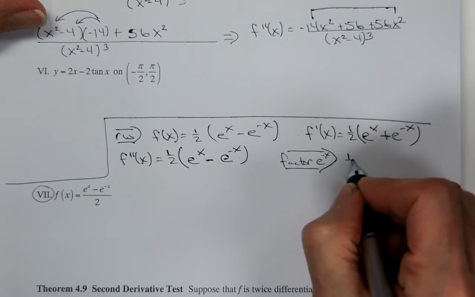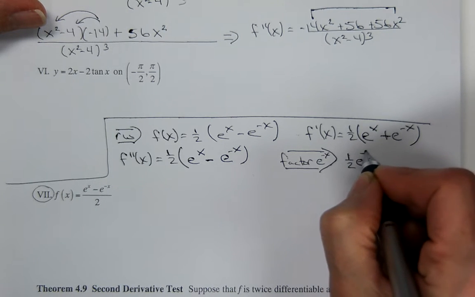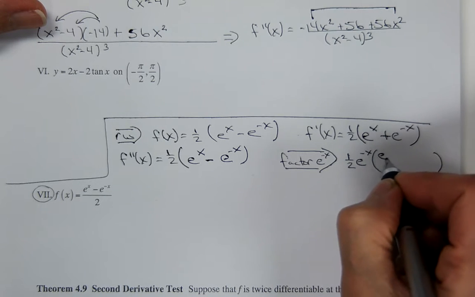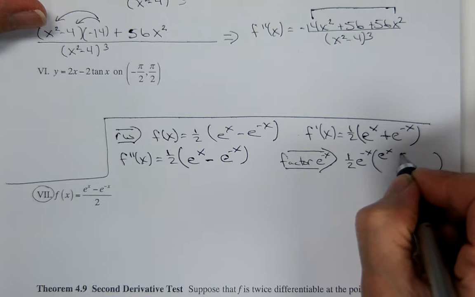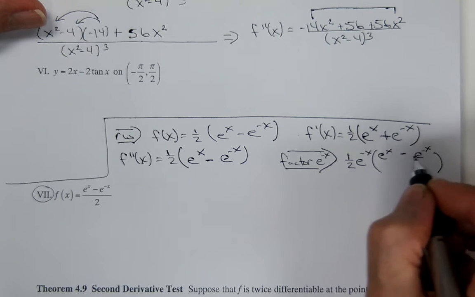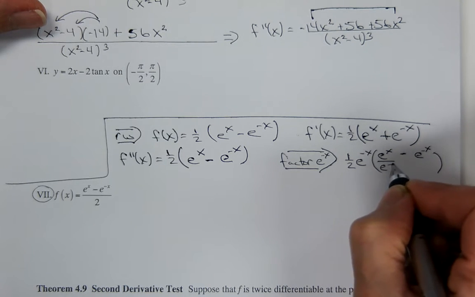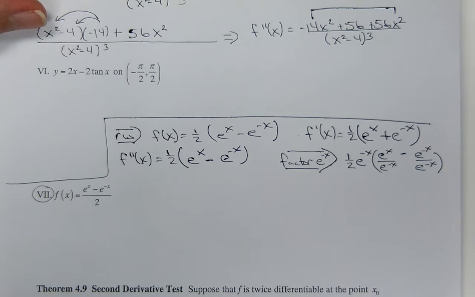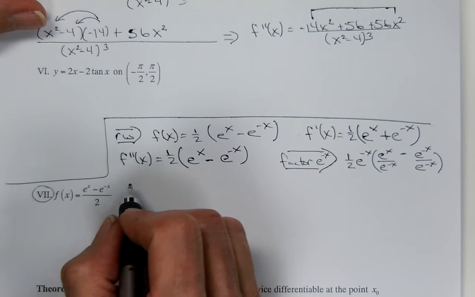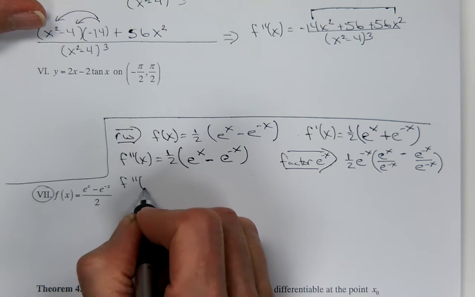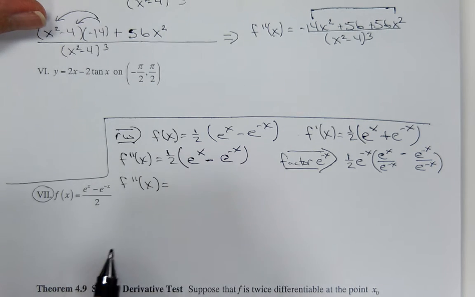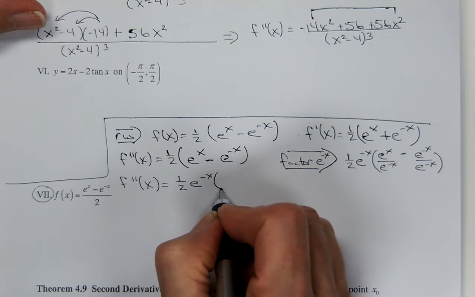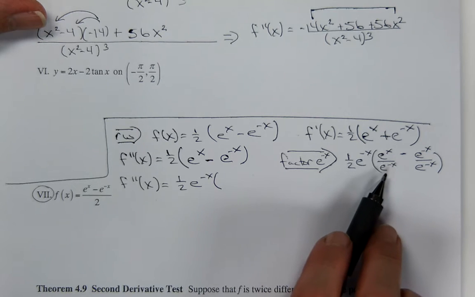So this will be 1/2 e to the negative x coming out. And if I don't know what I get inside from factoring, I just rewrite what I had before, and I divide by whatever I'm factoring out. And that's going to then be, for the second derivative, equal to 1/2 e to the negative x times, and here I'm subtracting the exponents.